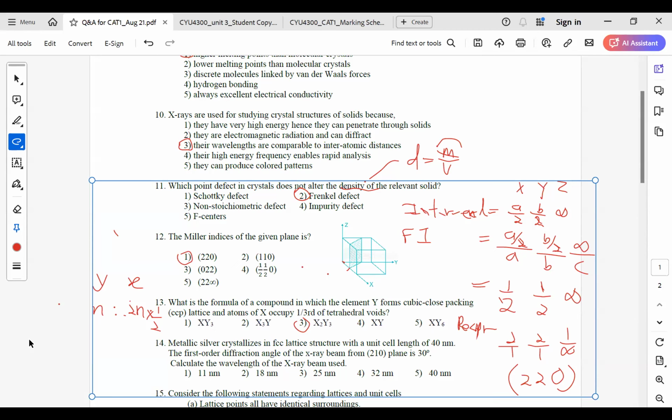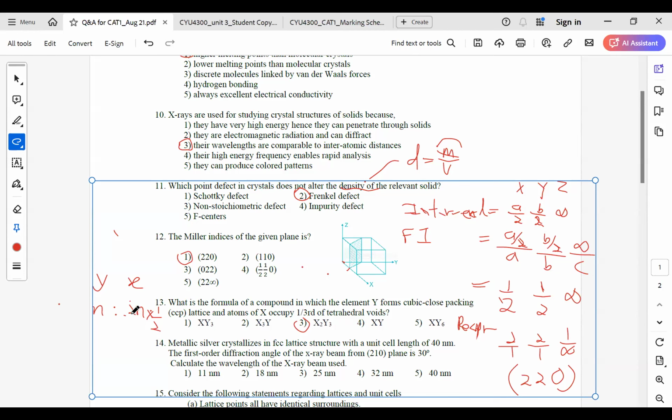In close packing, if you pack n number of atoms, either in cubic close packing or hexagonal close packing, it is going to create n number of octahedral voids and 2n number of tetrahedral voids. Now, in this case, they say Y is close packed and X occupies 1/3 of tetrahedral voids.